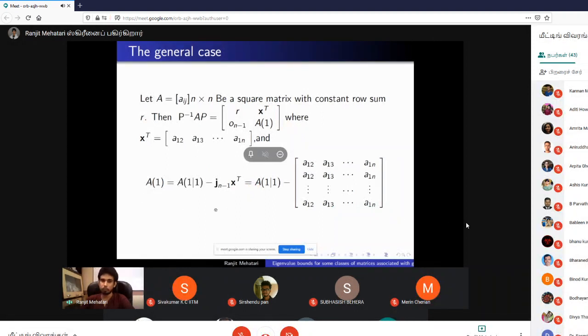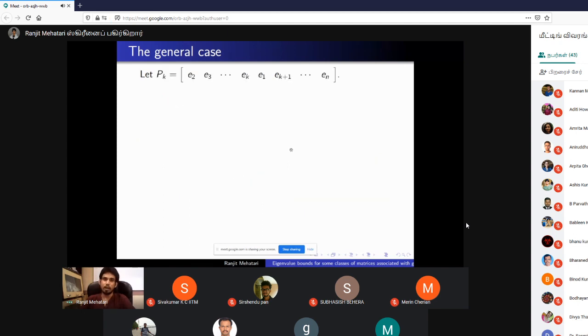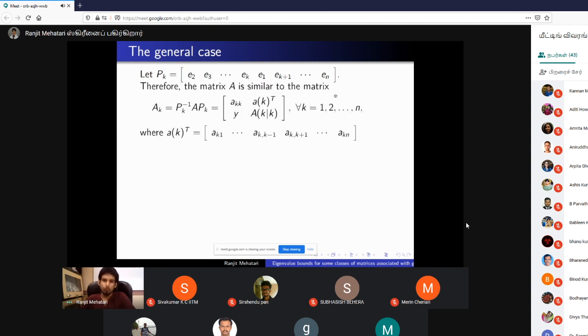A1 is not the only such matrix; in a similar way we can define several matrices. How? For that, first we take the permutation matrix Pk, with columns E2, E3 up to Ek, E1, then Ek plus 1 up to En. Then we do the multiplication Pk inverse A Pk.